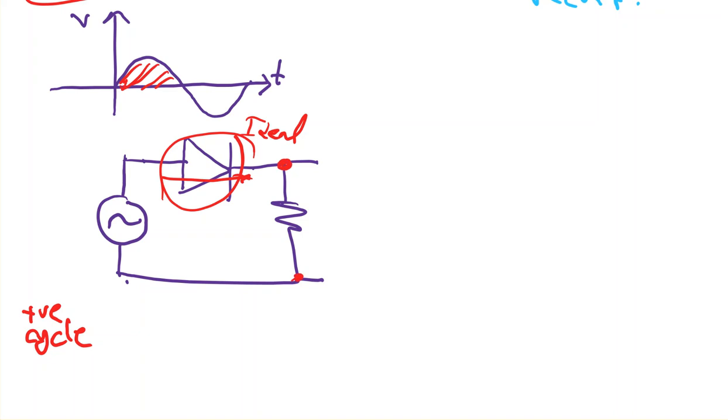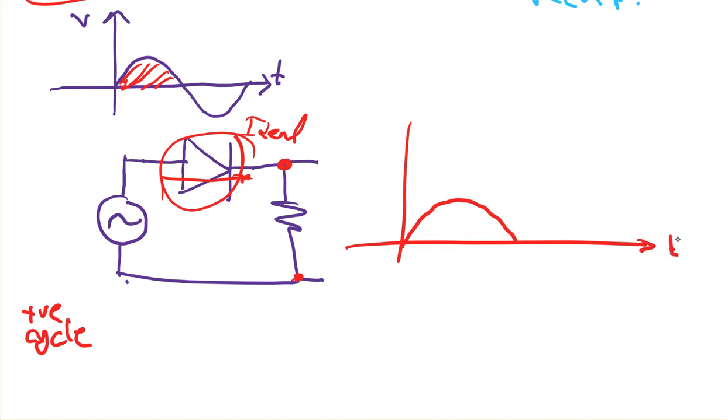And therefore, I will be able to see that this is my output. So this is time, and this is the output voltage, V output, and this is my V input. So the output voltage will be the same as long as the voltage at this point, which is the anode, is greater than the value on the cathode.